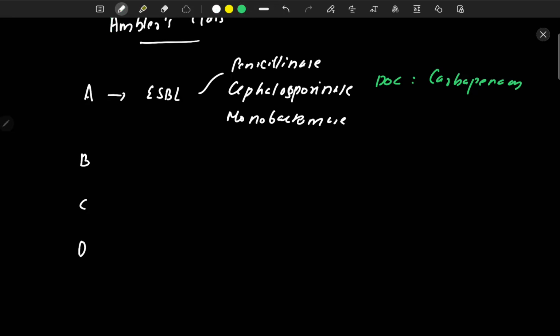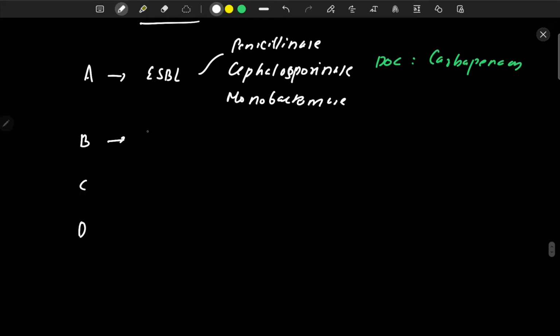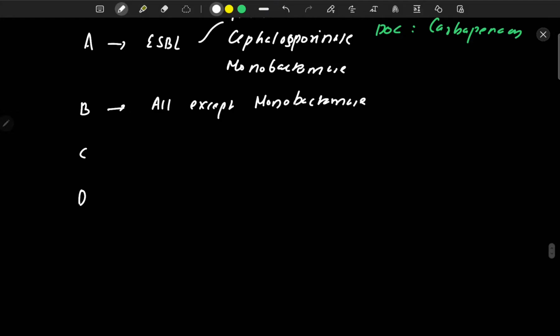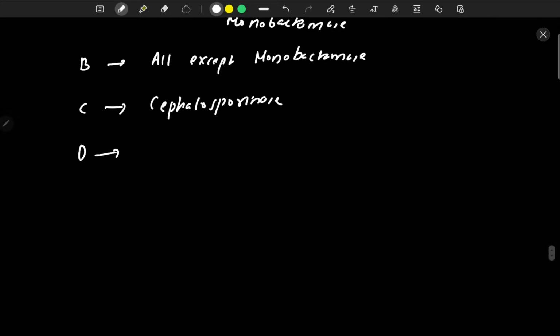In the second group, that is the B group, all enzymes are produced except monobactamase. In group C, there is AmpC cephalosporinase. And in group D, there is cloxacillinase.